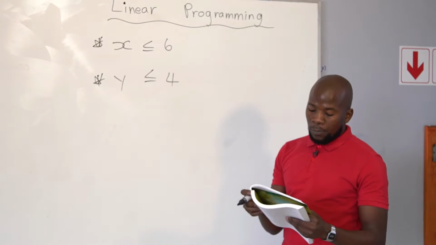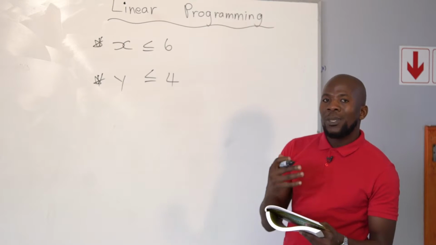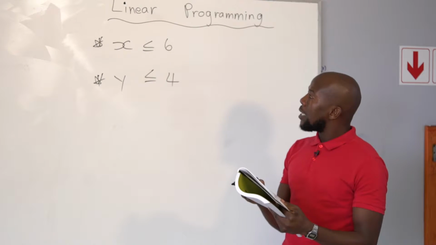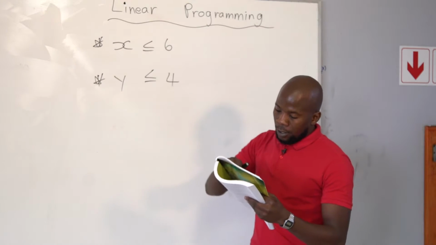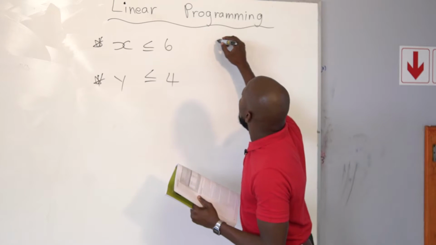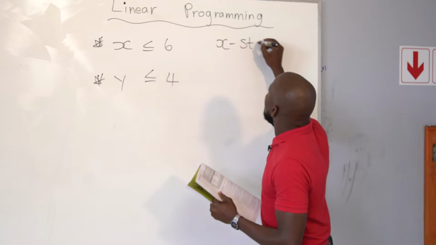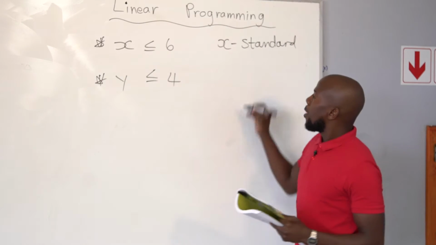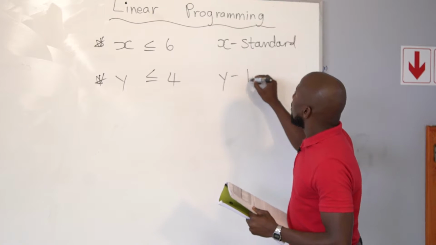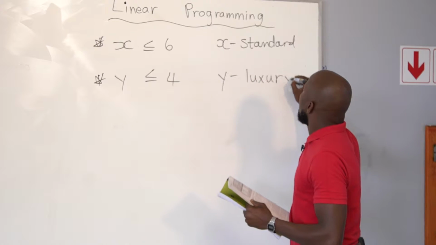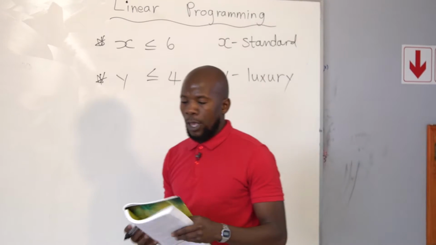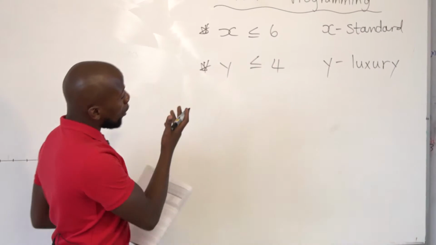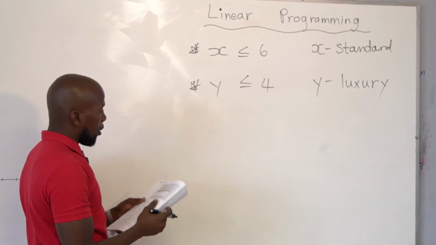Based on this problem and the information which has already been given to us, you'll realize that x relates to the standard washing machine, and y is the luxury model of the washing machines. The two constraints above on the board tell us something simple.